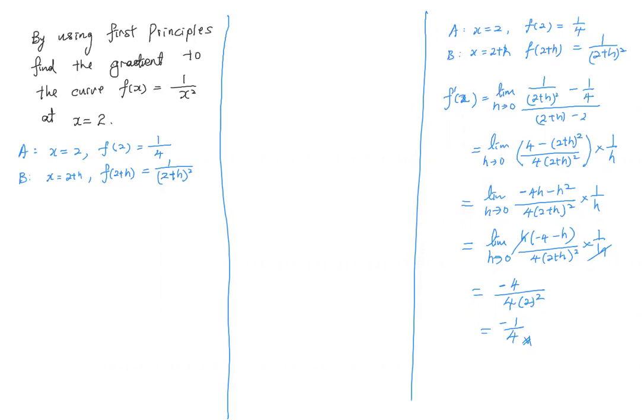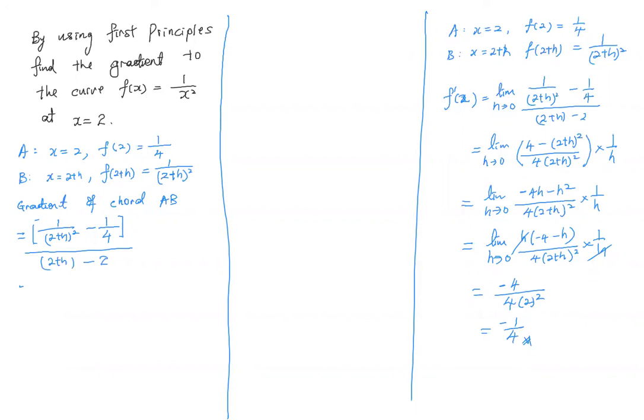So after that, I have to find the gradient of chord AB, am I right? Yes. So I put in 1 over 2 plus h squared, take away 1 over 4, y2 minus y1 divide by x2 minus x1.